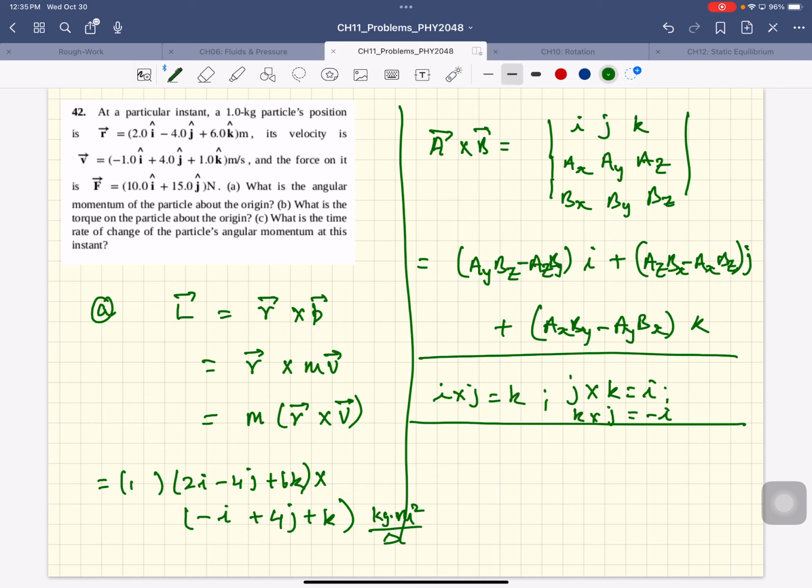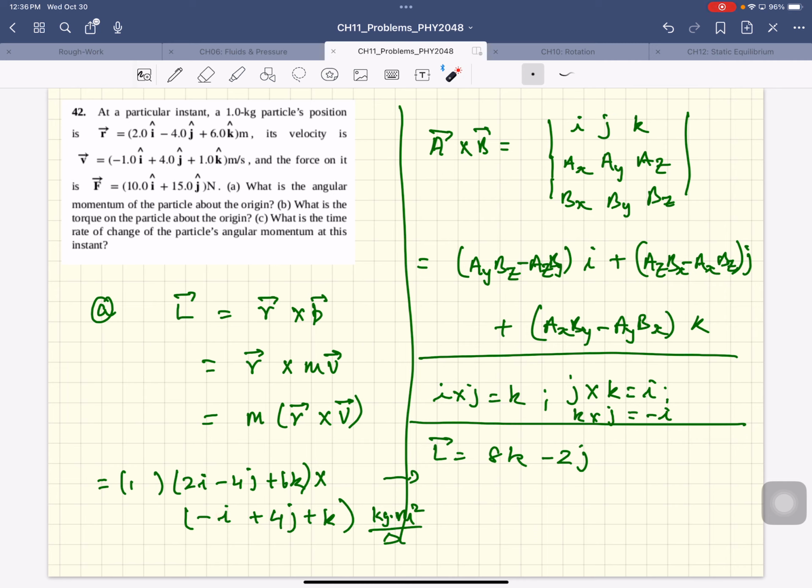So L is: i cross i is 0, i cross j is k, so 2 times 4, 8k. Then i cross k is minus j, so that's minus 2j. j cross i is minus k.